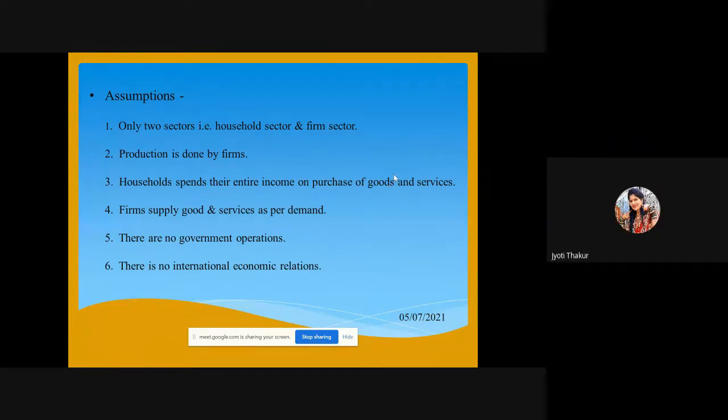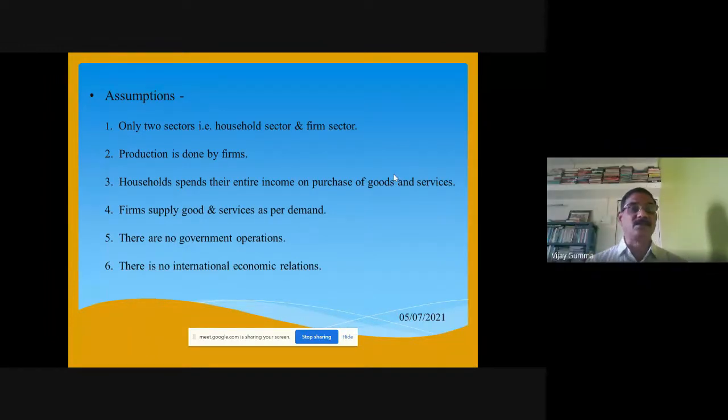Okay. The circular flow of income in a two-sector closed economy is explained with the help of these assumptions. And the assumptions are: 1, there are only two sectors in a closed economy.